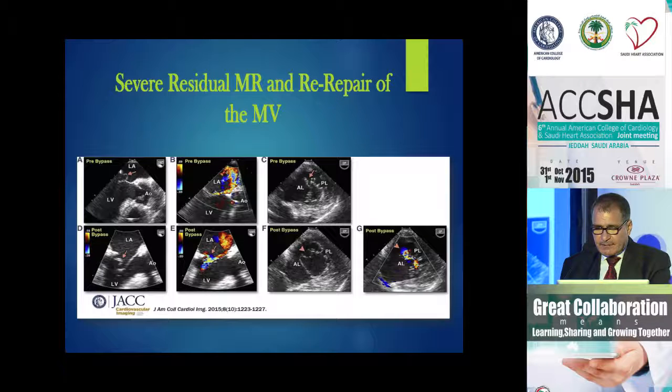The patient had severe MR and had it fixed. The first repair wasn't good enough, so the patient went back to the OR and had it fixed in the same setting. Whether this residual MR is enough for this patient to have a good prognosis or not, we'll come to this in a few minutes.